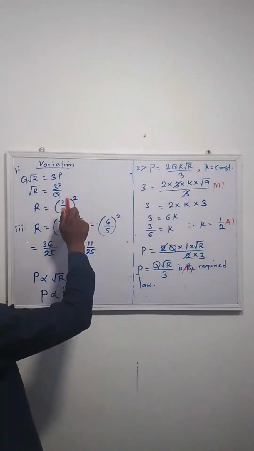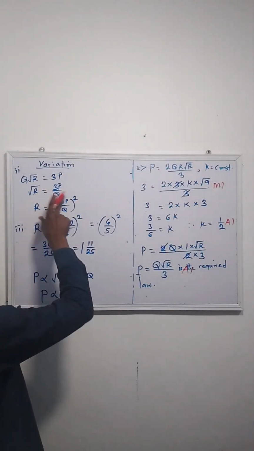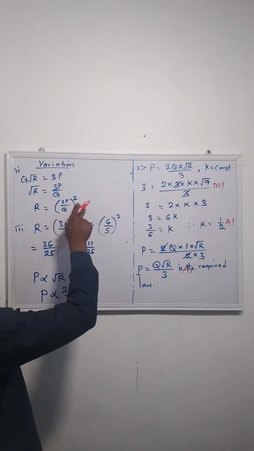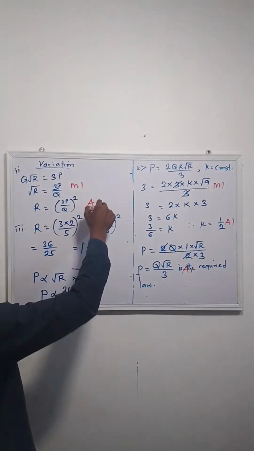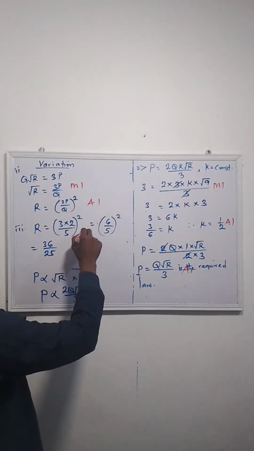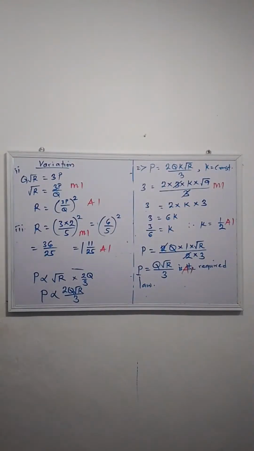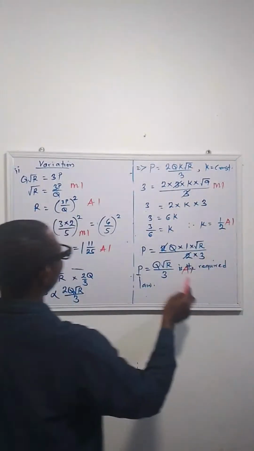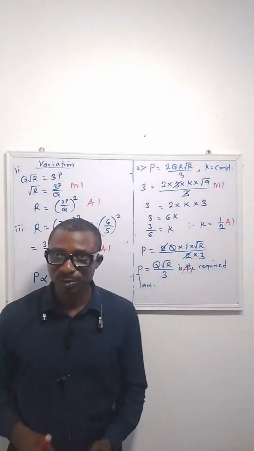For substituting, we have M1. Here you are making R the subject of the formula, for solving M1 and for getting the answer A1. And for substituting here, we have M1, and for getting the answer, we have A1. How many marks altogether? I think that's 7. So let's count. We have 1, 2, 3, 4, 5, 6, 7. So we have 7 marks altogether.